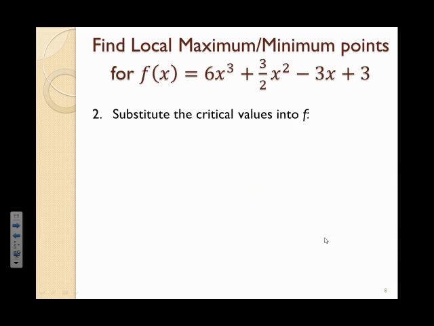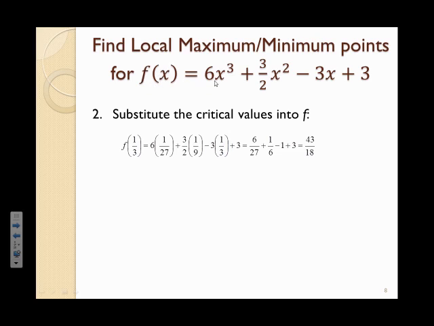Now, to actually find the critical point, we have to take our values, our f of 1/3, and put it into the original function. We don't put it into the first derivative because that deals with slope. We want to find the point, the y value. So we go back to the original function. Our f of x is the same thing as our y value.